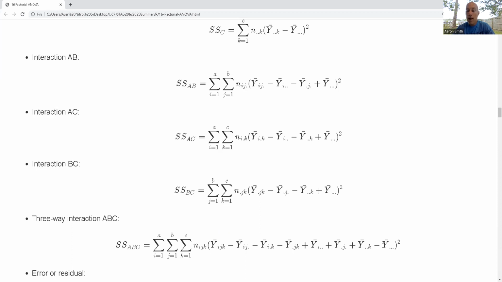Then after that, I've got the global overall average, and I subtract it off. So you'll notice I take the average for the levels defined by all of the variables, subtract off the pairwise levels, add on the singular ones, and then subtract off the overall mean.